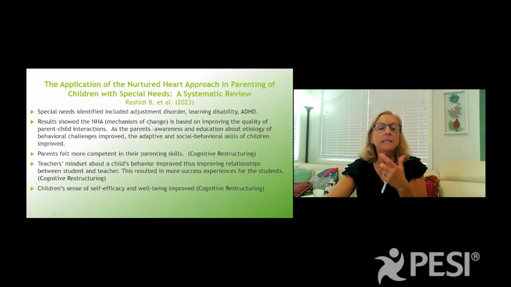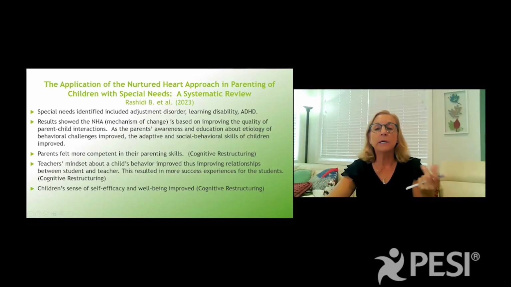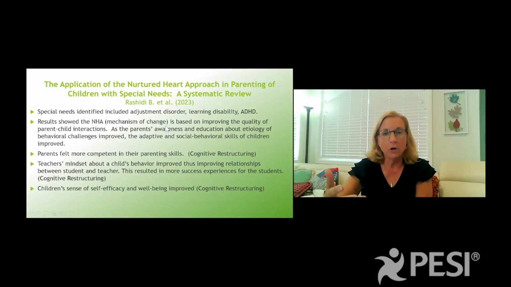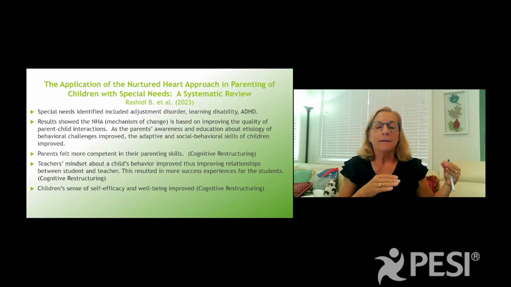Some other findings in another study. Some of the things they were studying were adjustment disorders, so mental health, learning disabilities, neurodivergence with ADHD, another neurodivergent condition, and they taught parents the Nurtured Heart approach. They have the 6-week online course that you can sign up and pay for. But the results showed that the Nurtured Heart approach is the mechanism.